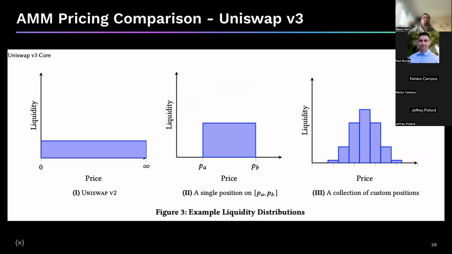The difference between first generation and second generation AMMs is, for example, in the case of Uniswap version 2, which is one of the early versions, that the liquidity is all provided in one big chunk, but in Uniswap version 3, there are segments of the curve where people will be providing liquidity. So that allows the majority of capital to be concentrated where people are trading.